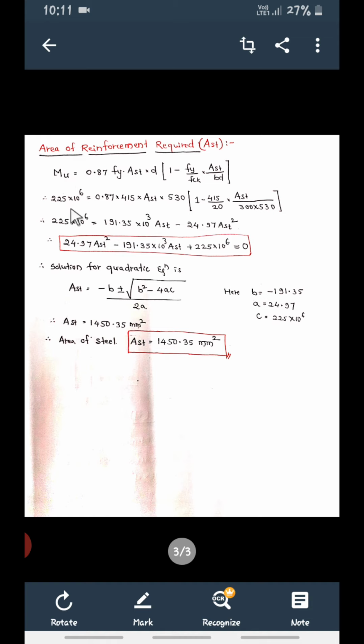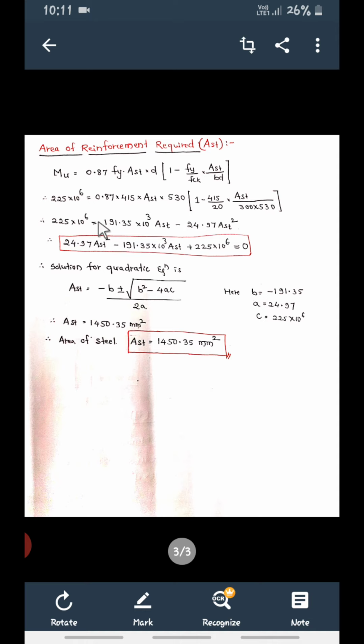So substitute Mu 225 into 10 to the power of 6. So 0.87, 415, Ast keep as it is, small d is 530, just now you have calculated, then 1 minus 415 upon 20 into Ast divided by b into d, small d effective depth.